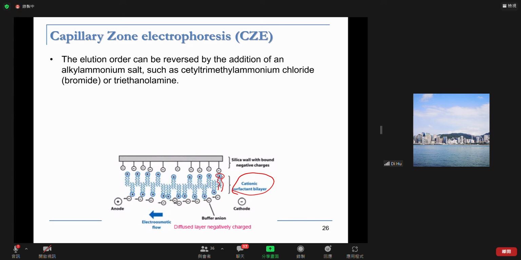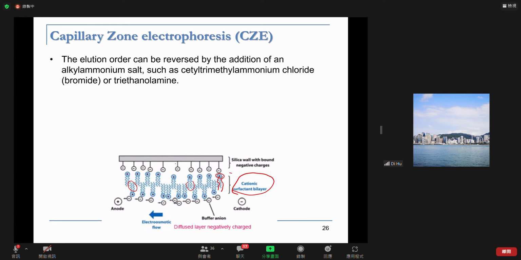When you add this surfactant in, the positive head is attracted to the negative charge on the capillary wall, and the long tail points outside. As you add more surfactant, the long tail of the cationic surfactant binds to the tail of the one already attached to the negative charge, and they form a cationic surfactant bilayer.